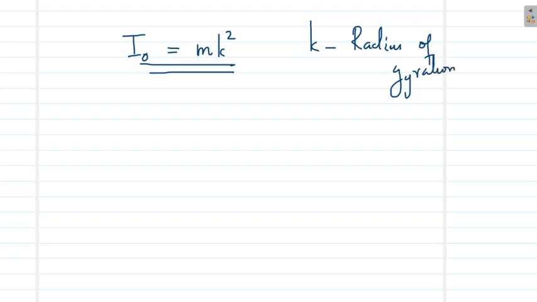So this is a basic definition for any body. We actually define the radius of gyration as that critical value for which the mk square will give you the I0. So if you happen to know the radius of gyration, you can easily find I0.